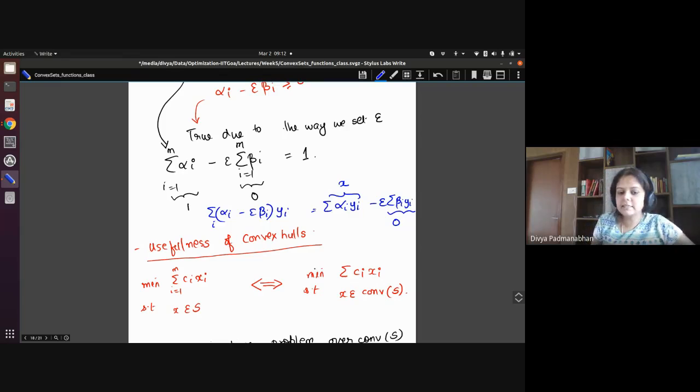The optimal value of this optimization problem and the optimal value you get from the other is going to be the same.